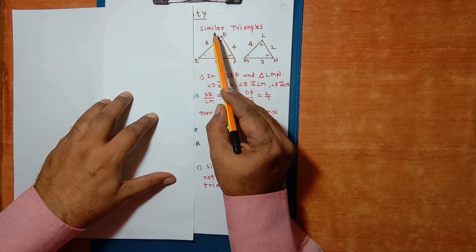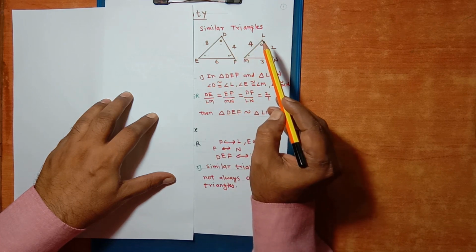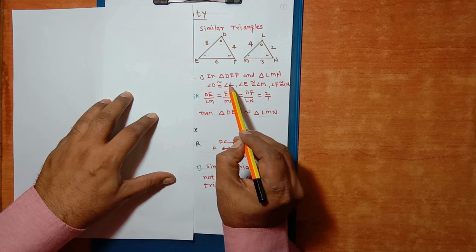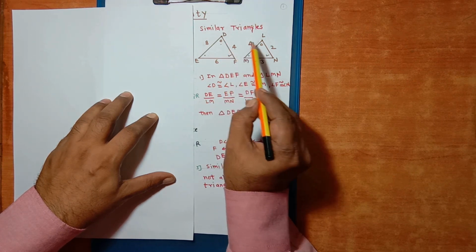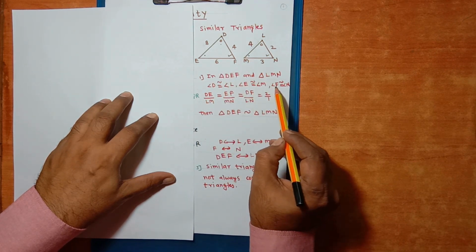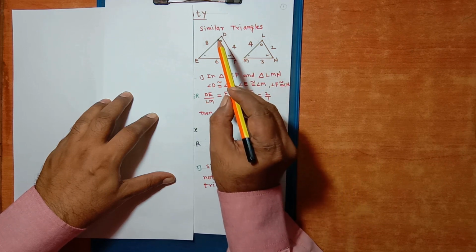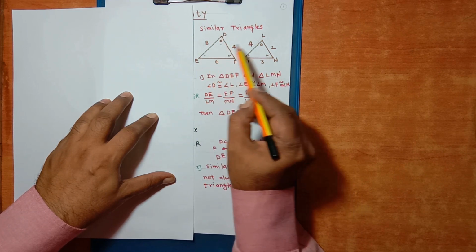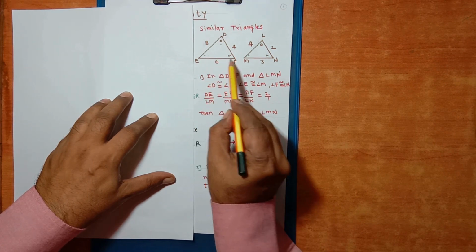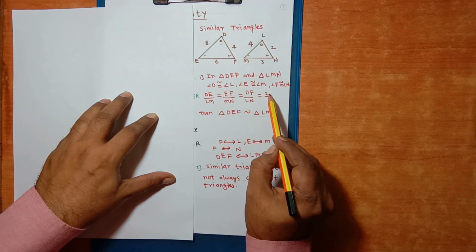Now let us study similar triangles. In triangle DEF and in triangle LMN, angle D is congruent with angle L, angle E is congruent with angle M and angle F is congruent with angle N, as well as the ratio of their sides DE to LM is equal to EF to MN is equal to DF to LN is equal to 2:1.